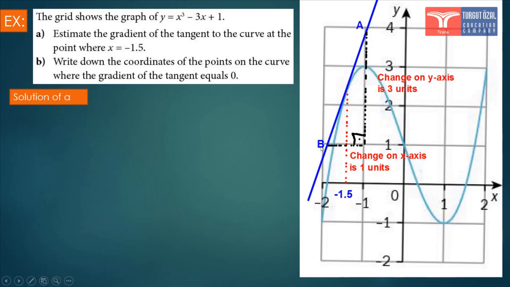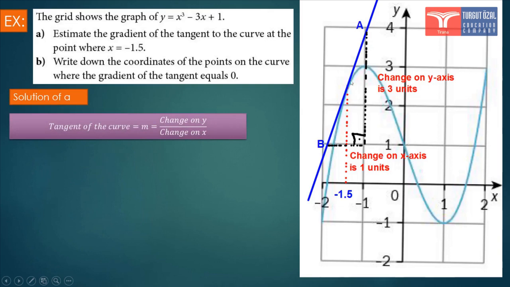here, which is around here, and I draw the tangent line, and I pick 2 points around the point where x is minus 1.5, which is this one here, and I see that, as we said before, we cannot find maybe exact value, but we can round it, or we can estimate the gradient of the tangent.